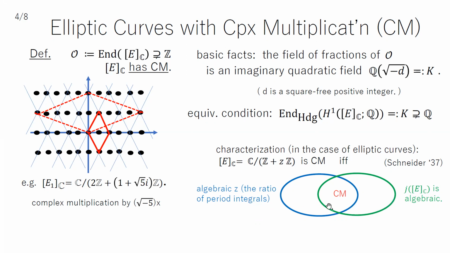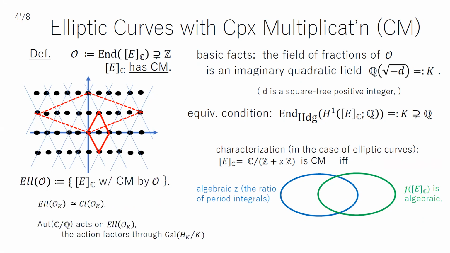But we may also impose the condition that the J invariant of the elliptic curve is also algebraic. Then the common subset happens to be equal to all the elliptic curves with complex multiplications. So in the case of CM, the J invariant is algebraic. And when the elliptic curve has an algebraic J invariant and the period ratio is also algebraic, then it is CM. There is a theorem back in 1937. So that's a characterization of the elliptic curves with complex multiplications.